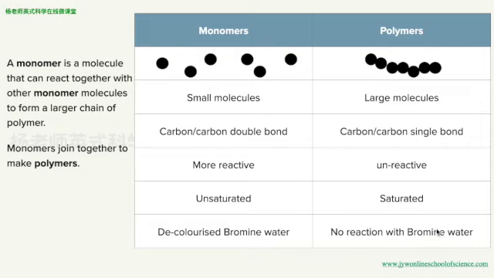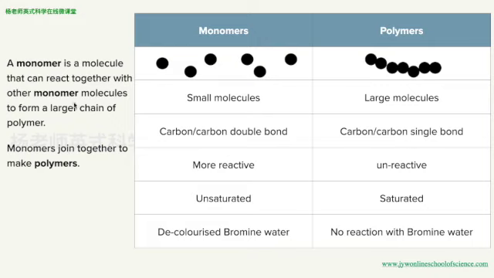So you can distinguish alkane and alkene, or you can distinguish a double bond from a single bond by adding bromine water. If the color disappears, you know it's a carbon-carbon double bond. If the color remains its original orange color, you know it's a carbon-carbon single bond.